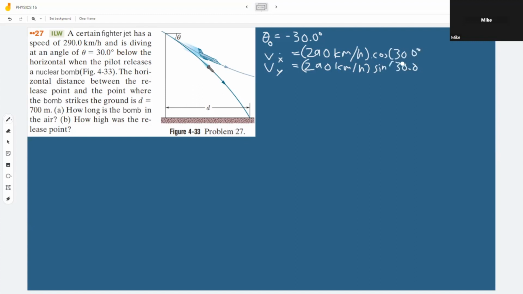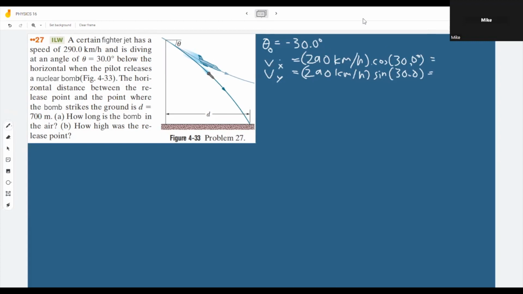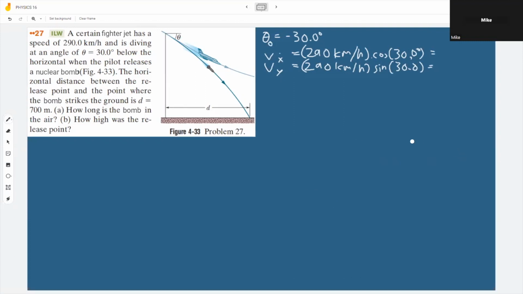Okay. And tingnan mo yung values na yan, positive v sub x, positive v sub y, anong direction nagpo-point yan? 290 cosine 30.